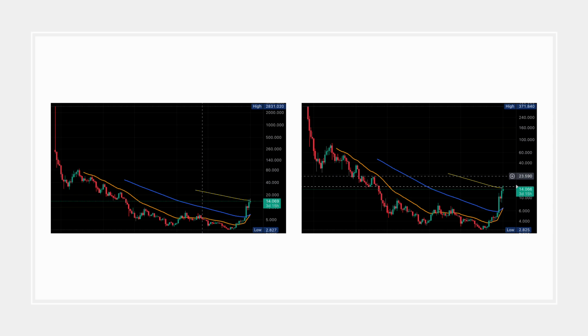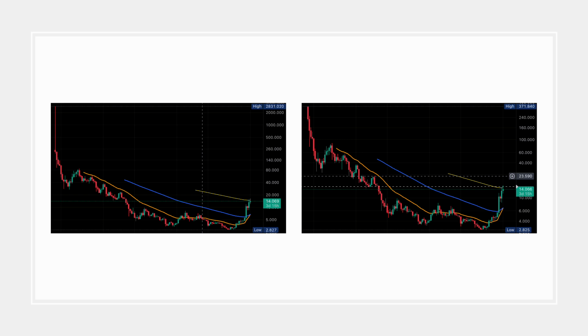This here is another illustration of why it is more appropriate to use the closing price and not the wick when we determine market structure. This here is the same asset. It's ICP and two charts. This is the Binance chart. This is a different chart. And you can see that on Binance the high is 2,831 and here it's 371.